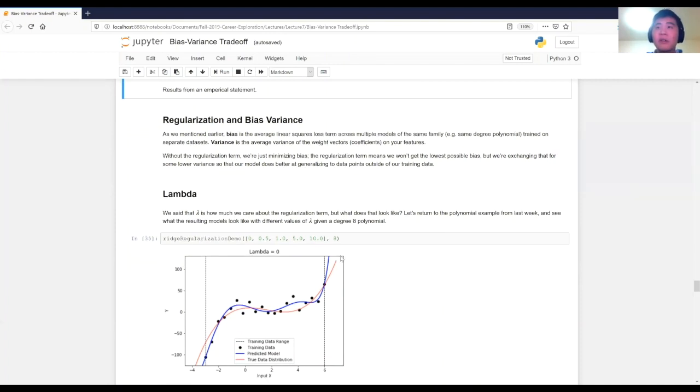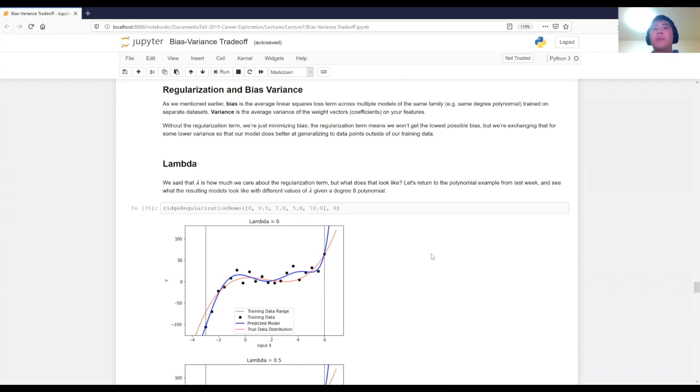A really important part of the bias variance trade-off is finding a value of lambda that is high enough so that we don't get excessive variance, but is not so high that it makes our model have excessive bias.